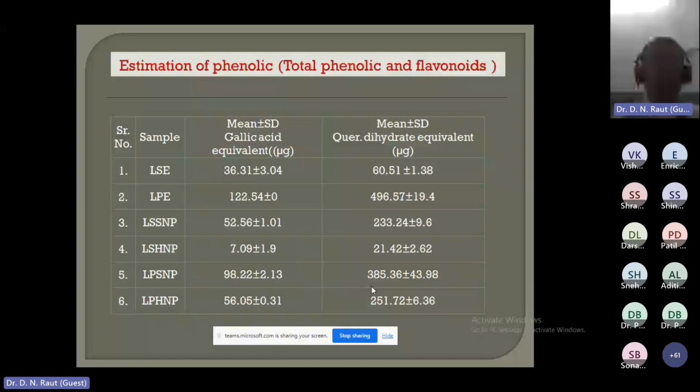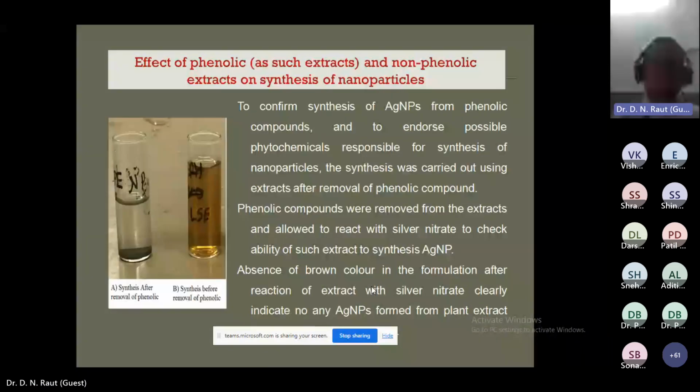So this is the synthesis of nanoparticles. This figure indicates after removal of phenolics and synthesis of nanoparticles, that is, before removal of phenolics. It clearly indicates there is no formation of silver nanoparticles when you remove the phenolic compounds from the plant.